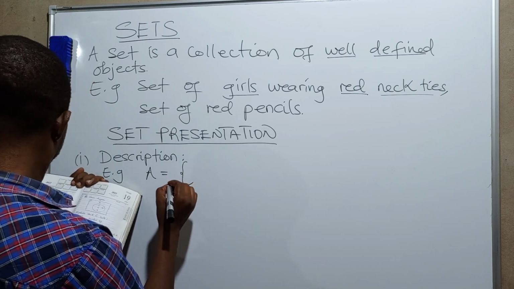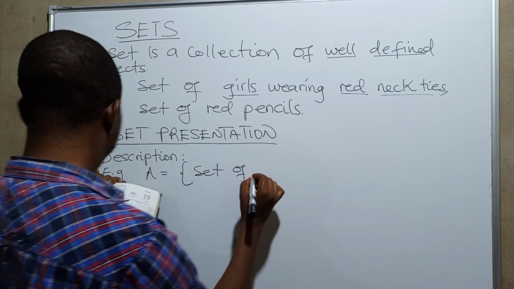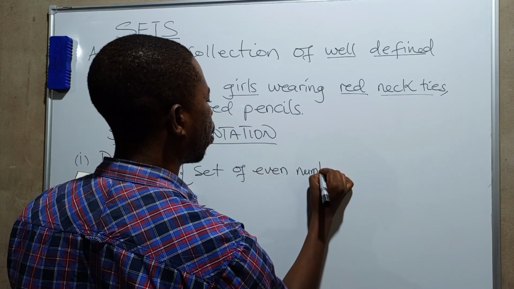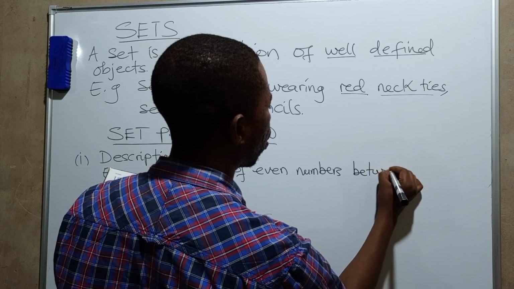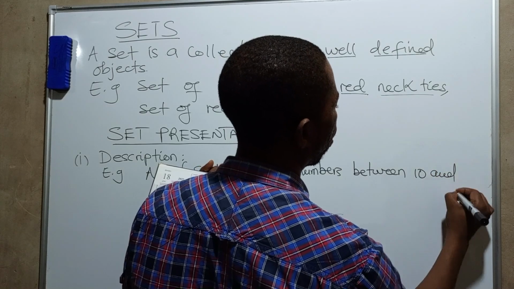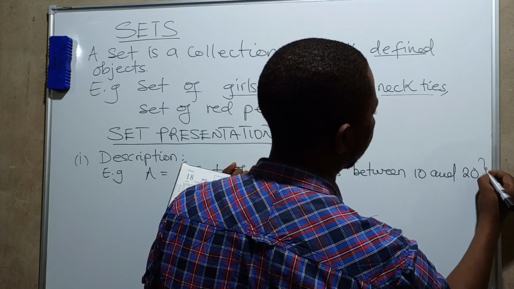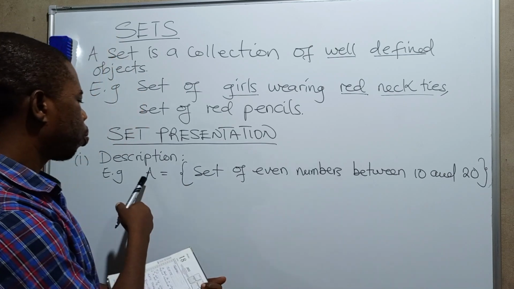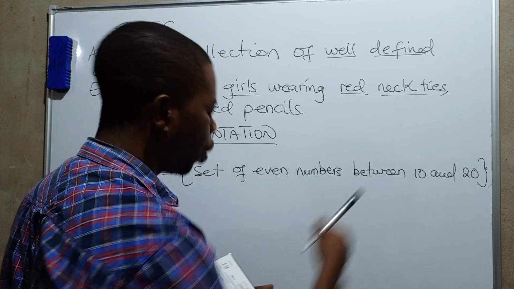I can say set of even numbers between 10 and 20. So I've made a set. This is a set already. Like I'm saying, set A is a set of even numbers between 10 and 20.